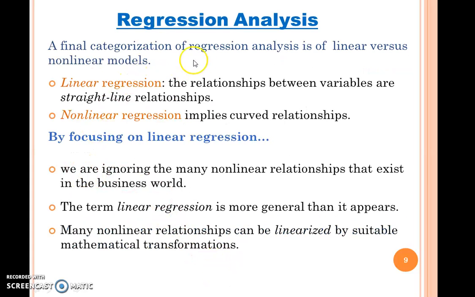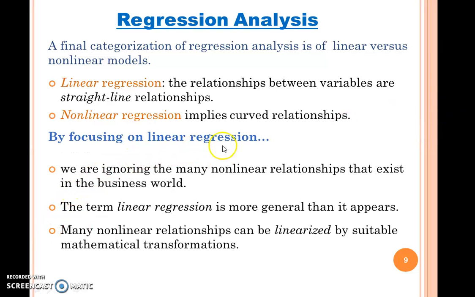The final categorization of regression analysis is linear versus nonlinear models. In linear regression, the relationship between variables is a straight-line relationship. For example, if you take two variables, one on the x-axis and one on the y-axis, and plot the curve, the relationship will be a straight line if it is linear regression. In the case of nonlinear regression, the relationship will be curved.